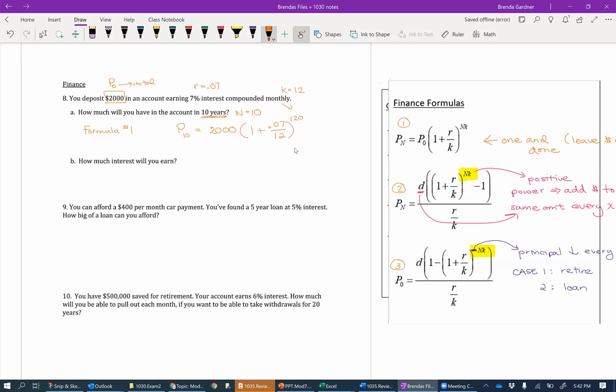I'm using your calculator. You guys starting to feel pretty comfortable using your calculator? It definitely takes a little bit of work to get that system down, especially with formulas 2 and 3. Yeah, for sure. I've been trying to get the closed and open parentheses done right as I'm working on the calculator. I think I've ended up with more syntax errors than this poor calculator has figured out.